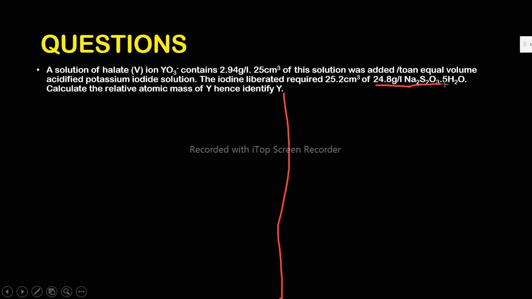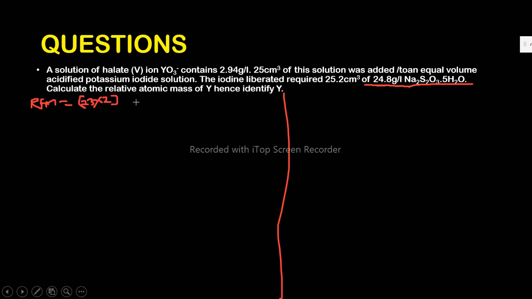Like always, we start with a standard solution. And the standard solution is this. They prepared this solution by dissolving 24.8 grams in a liter. So what will be the RFM? The RFM is going to be 23, the RAM of sodium, times 2. I hope all of us here know how to calculate.